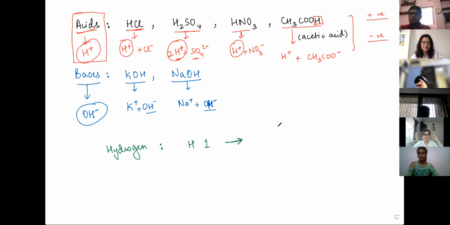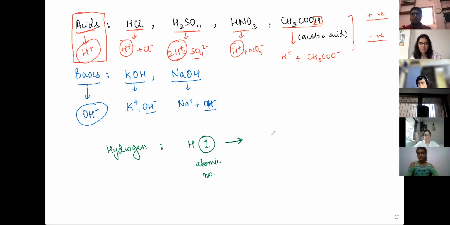Ma'am, it needs to gain 1 electron to complete it. But what is the hydrogen atom like? What does this 1, the atomic number, represent? Ma'am, it represents one proton and 1 electron.